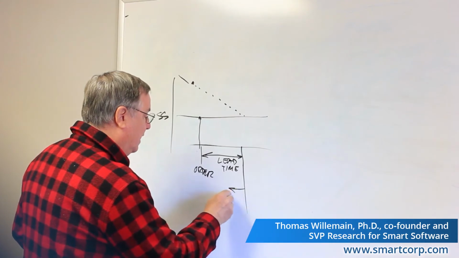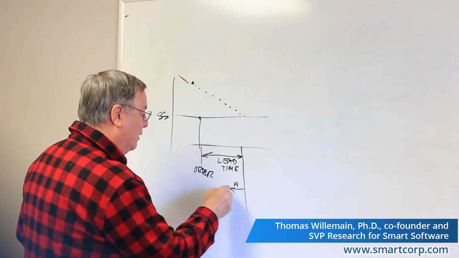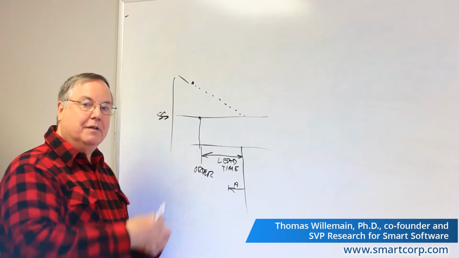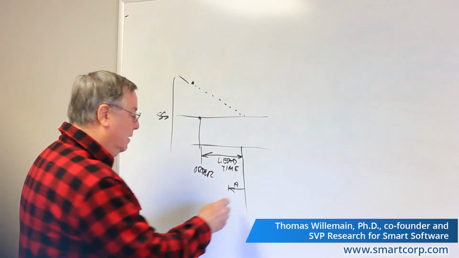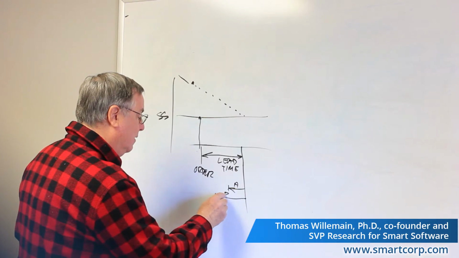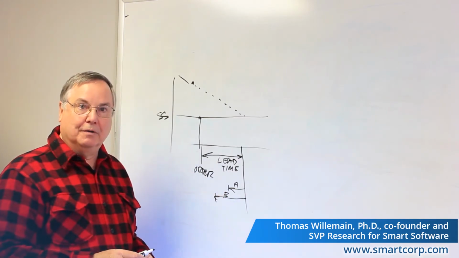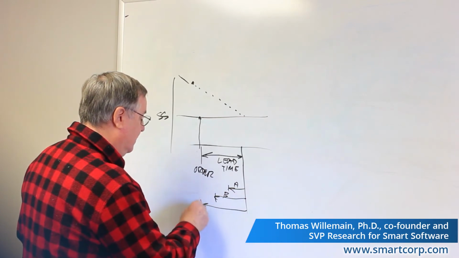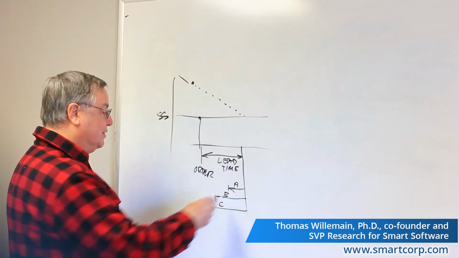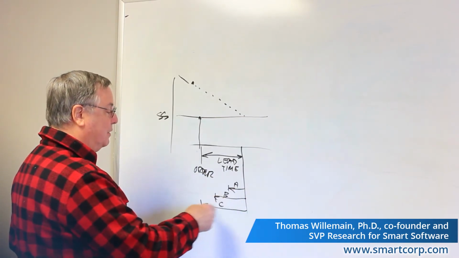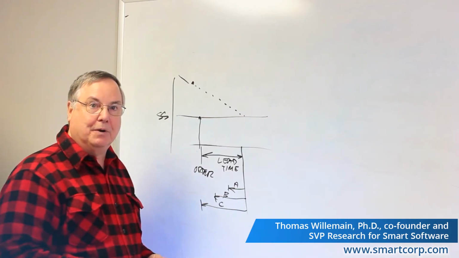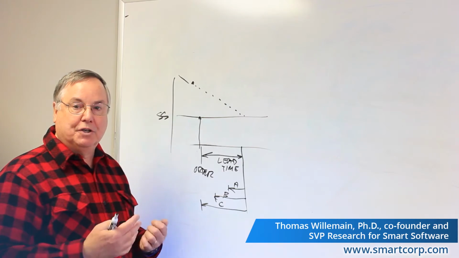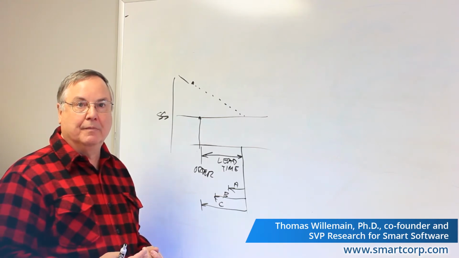So component A may require that we go back to here. If we order then, the A part will be ready. But component B might take longer to be available, and component C may take even longer. So it's really the slowest of these components, the one with the longest individual lead time, which governs when we order.